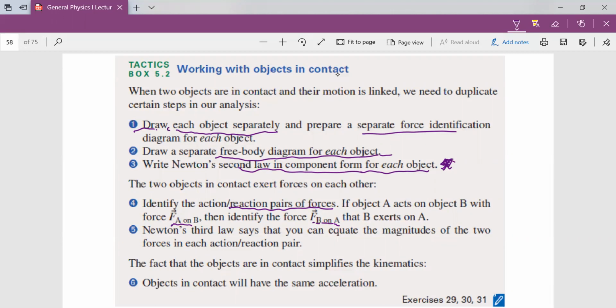Newton's third law always comes into play from the beginning of our analysis.